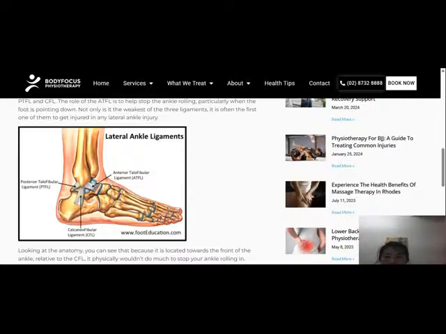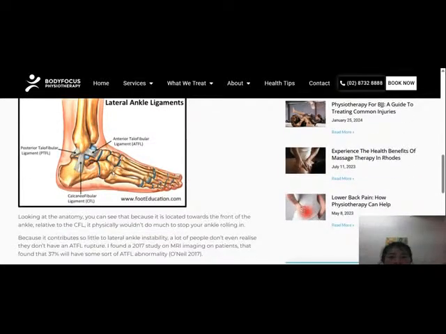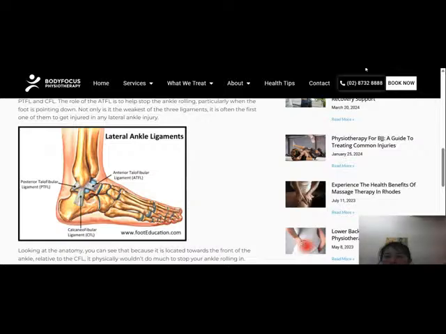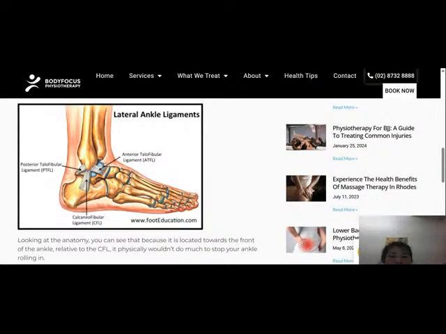Now let's talk about the physical examination. The first one will be localized tenderness. You'll definitely feel some tenderness, especially over the ATFL. Most ankle sprains have lots of pain around the ATFL ligament.